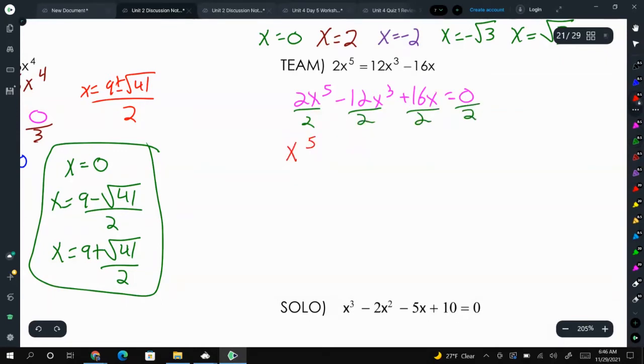So we have x to the 5th minus 6x to the 3rd plus 8x equals 0. The GCF is an x, so let's factor that out. Whoops, this should be to the 3rd.